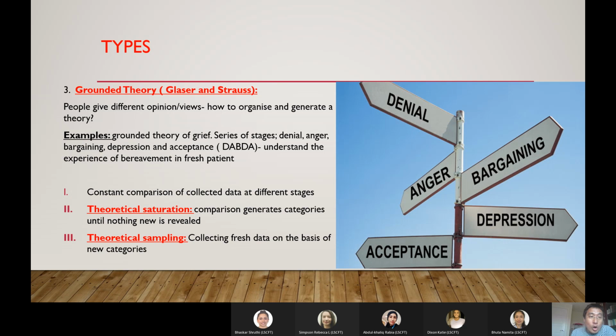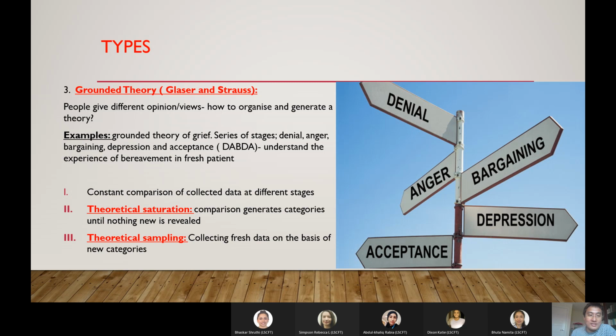So for grounded theory, the MCQ they might ask is, a group of researchers want to find out about, let us say, depression. So they collected opinions from all the people who suffered from depression till no new definition of depression could be generated.